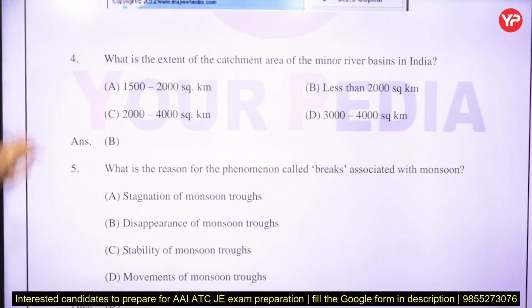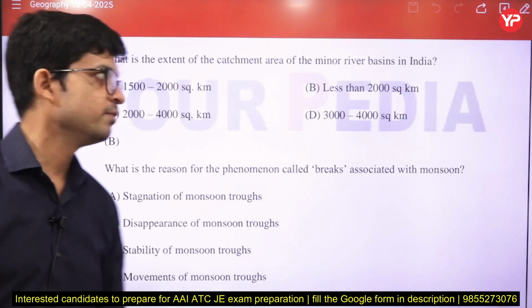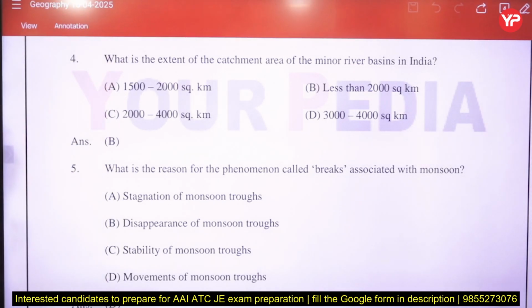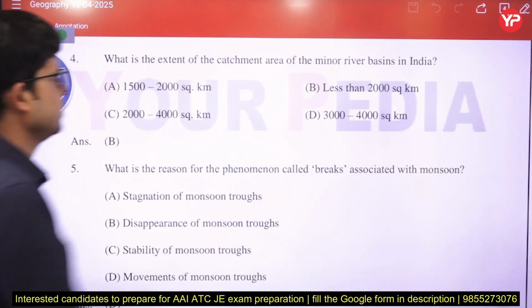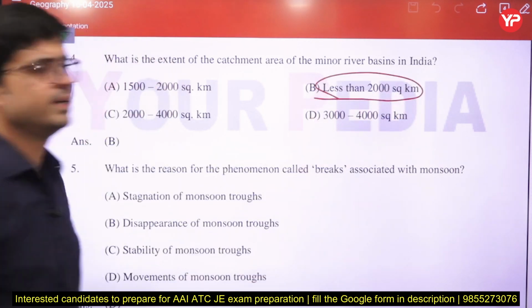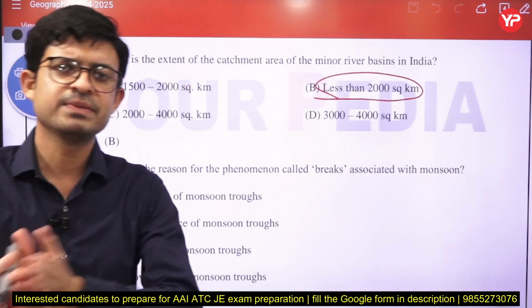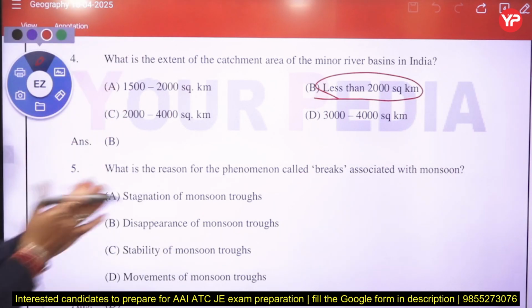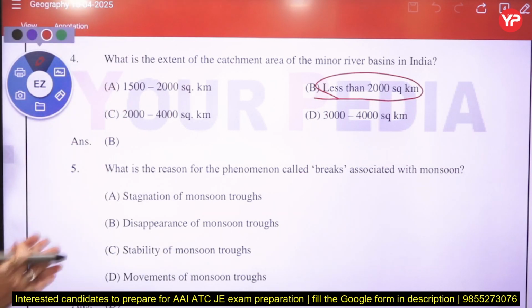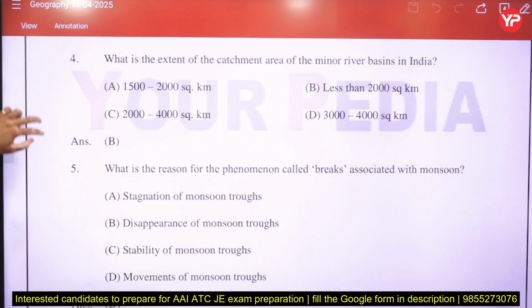Next question: what is the extent of the catchment area of the minor river basins in India? So it is a very factual question. Here the answer will be less than 2000 square kilometres is the catchment area of a minor river system in India. And the next question is related to the monsoon, a very interesting question.